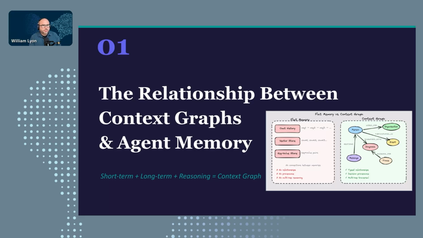So I said earlier today that there's this close relationship. I don't think it's quite one-to-one, but I think there's a very close relationship between context graphs, and we'll go through a refresher on context graphs in a second, but there's been a lot of discussion around context graphs today. But context graphs and agent memory.